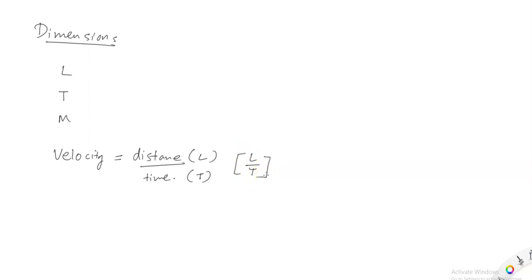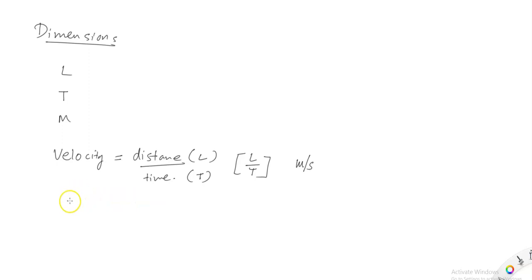Dimensions of velocity is length over time, and velocity is measured using a unit called meters per second. You see that meters is a measure of length, right? Length is measured in meters, time is measured in seconds, so meters per second. So the unit should match the dimensions, otherwise we have made some mistake somewhere.